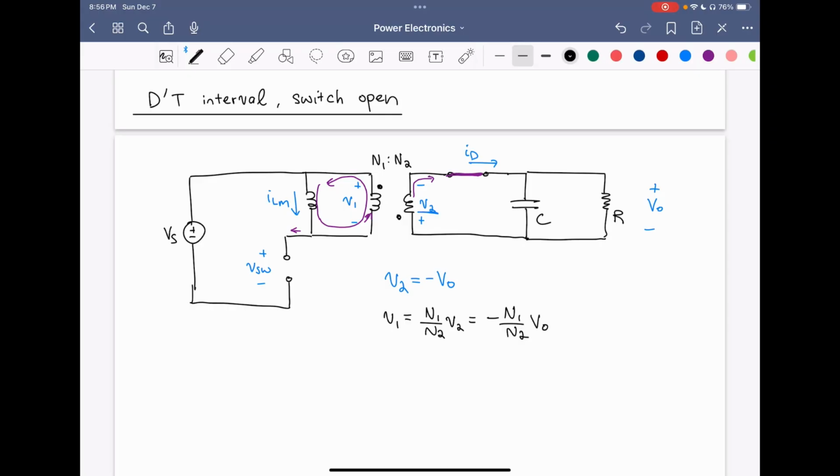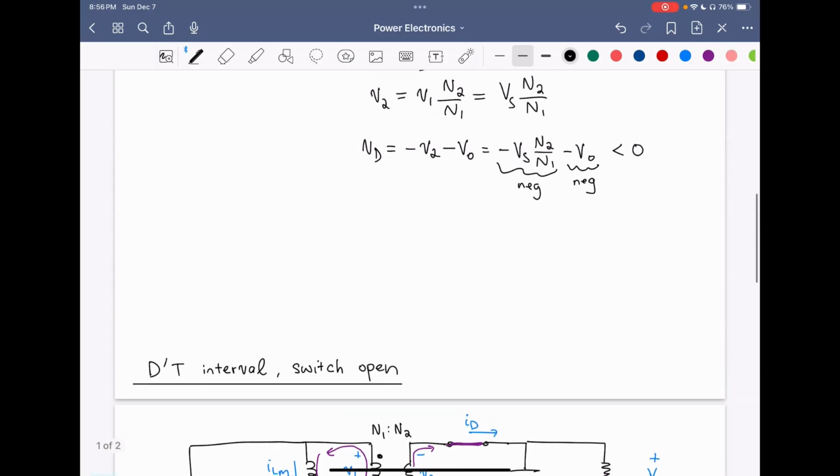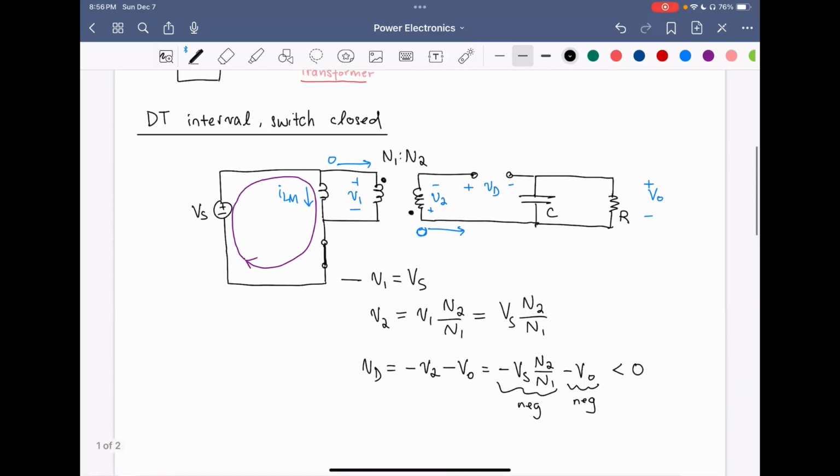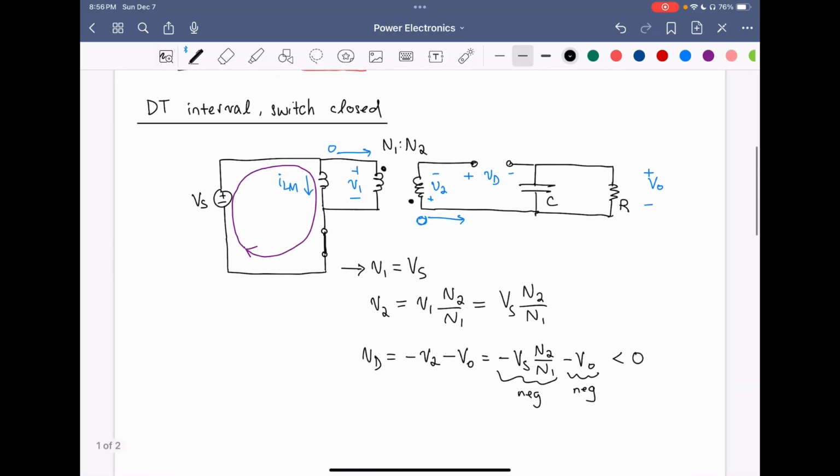So now we can determine the conversion ratio because we have the primary side voltage V1, which is also equal to the voltage across the magnetizing inductor in both the D prime T interval and the DT interval.